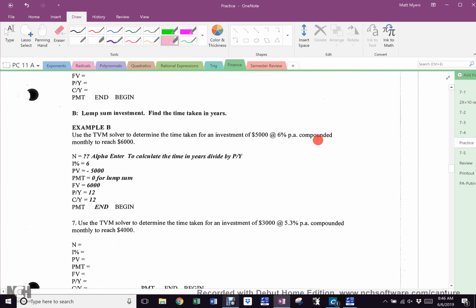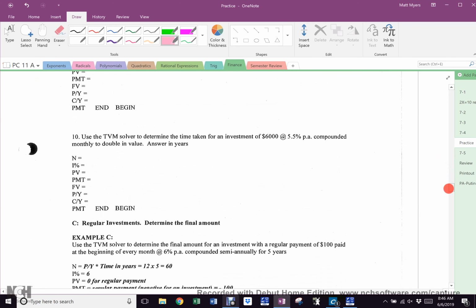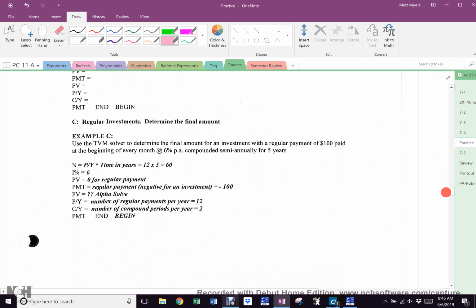Oh, no, that's not a very good one. Yeah, example C. There we go. C is a good one. C is if you pay $100 at the beginning of every month. So you will notice I'm making payments of negative 100, but I'm making them 12 times a year, so they're different there.